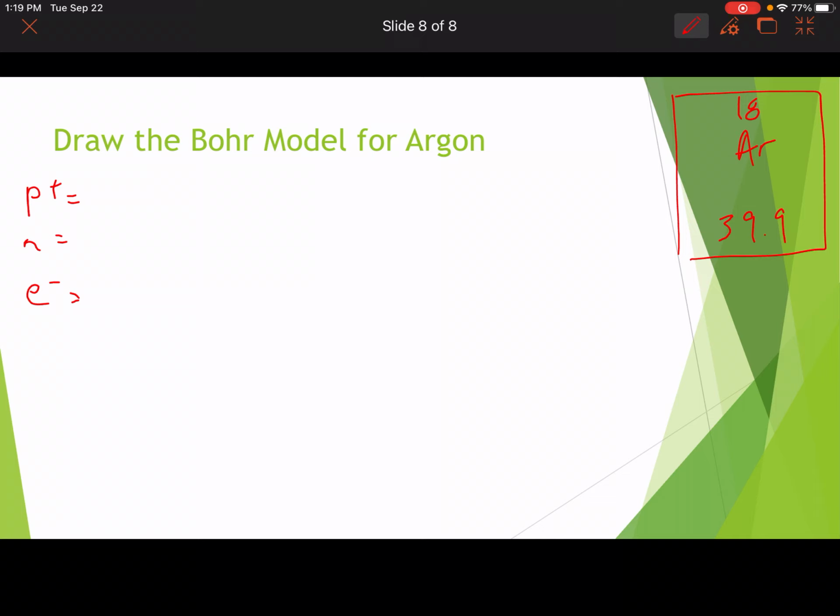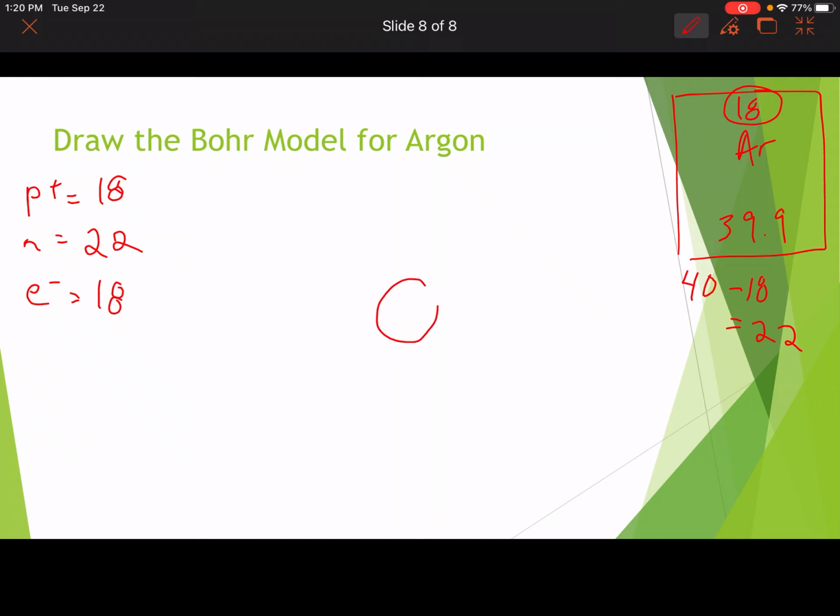So looking at the number of protons, that's going to be equal to the atomic number here, this 18. So I'm going to put 18, which means I've got 18 electrons. Neutrons I have to find by doing a little bit of math here. So I'm going to take my 39.9, rounds to 40, subtract 18. I've got 22 neutrons here. So 22 neutrons, 18 protons, 18 electrons.